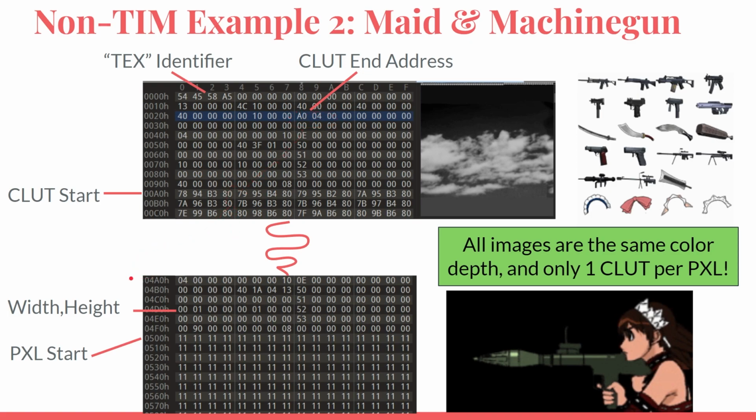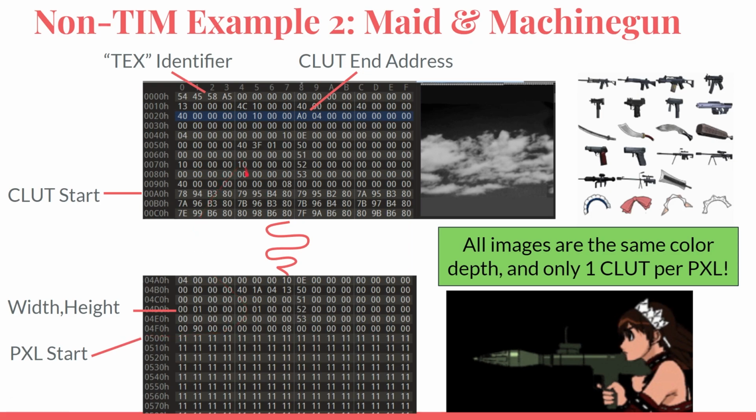And then after the CLUT is another header block, the header for the pixel data. And in this block, the part that we only care about is this width and height here. So this 100 width and 100 height right here. After a fixed size for the header, there is the actual pixel data.